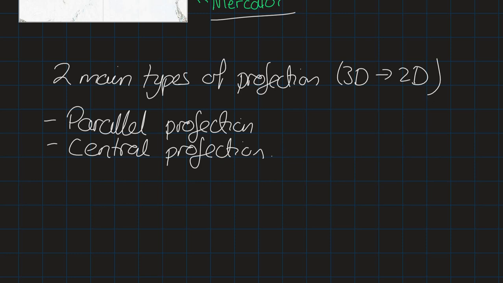Okay, and throughout this course we're going to study these 2 types of projection. These are the most important types of projection. But before we do so, we first need to recap some basic coordinate and vector geometry. So that will be in the subsequent videos. But that's the end of this video.